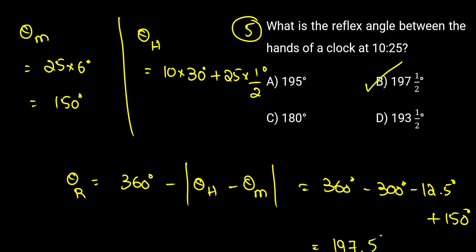It's your wish how you do the calculation. Calculate the inclined angle, then 360 degrees minus the inclined angle, or 360 minus the angle between hands. This is the angle between hands, theta.